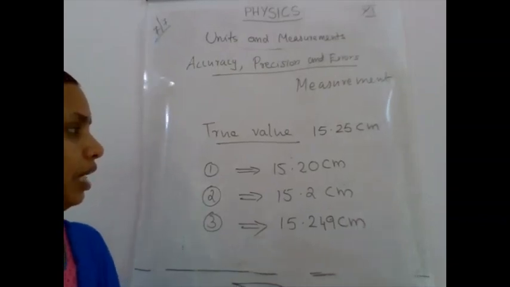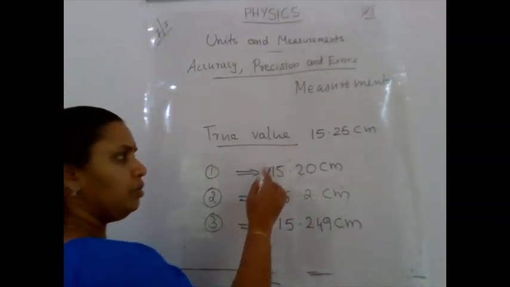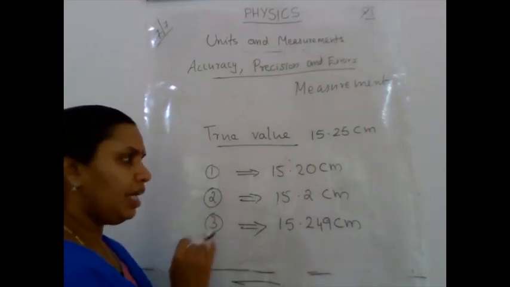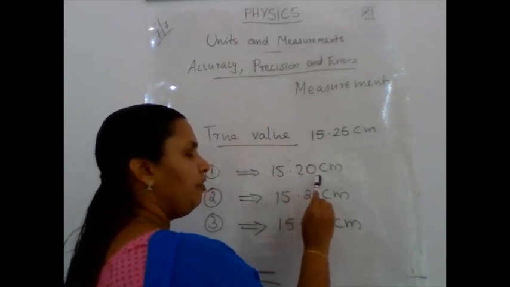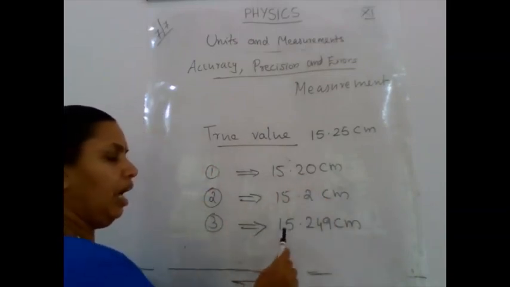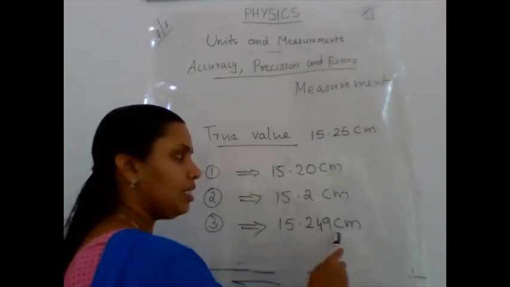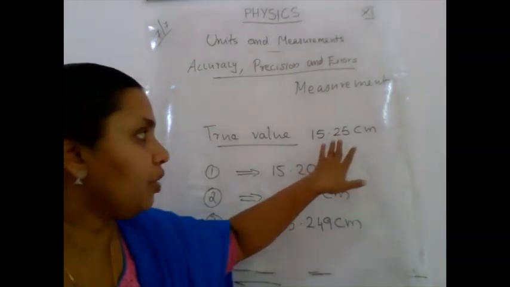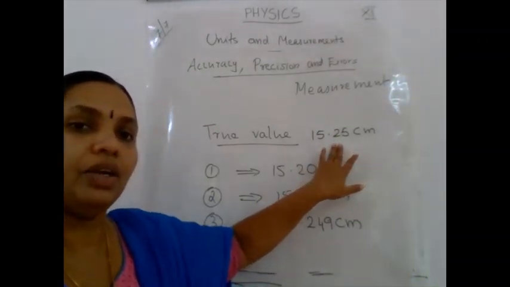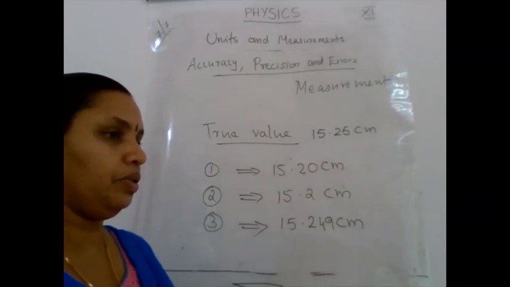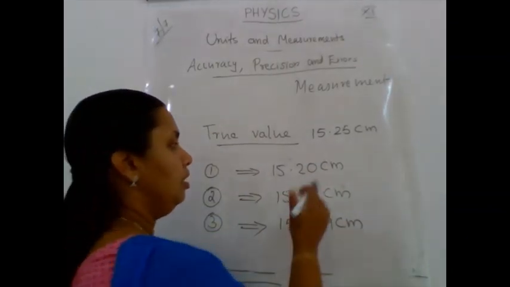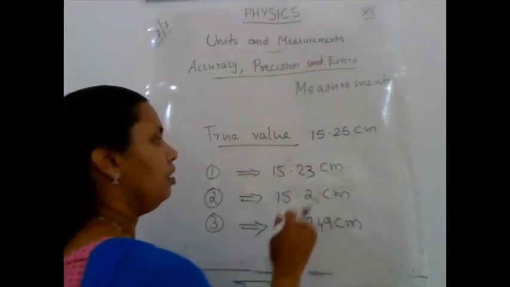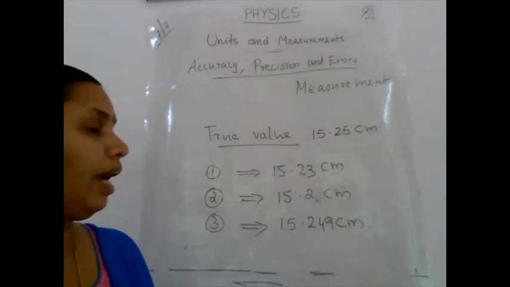Here you can see that all the values are somewhat near the true value, isn't it? But we can say that 15.20 centimeter and 15.249 centimeter are more accurate because they are very close to the true value.